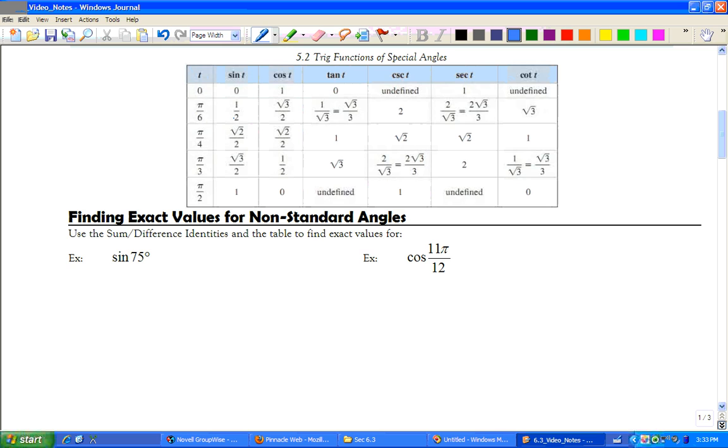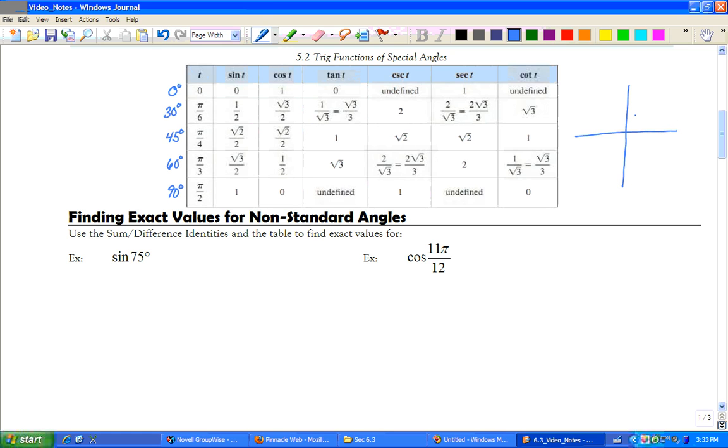Let's go ahead and put in the degree measures next to it. So you have 0 degrees. 30 degrees is pi over 6. 45 degrees is pi over 4. 60 degrees is pi over 3. And 90 degrees is pi over 2. Those are just first quadrant angles.